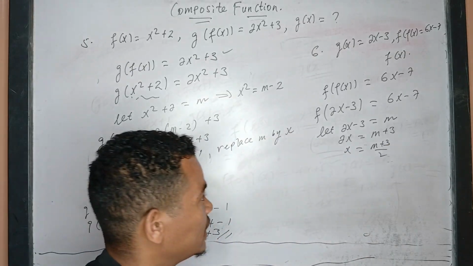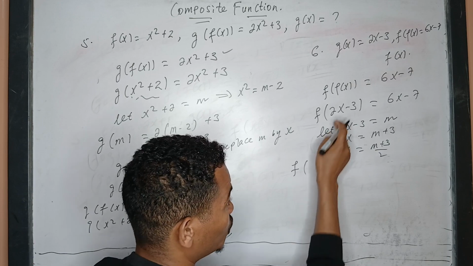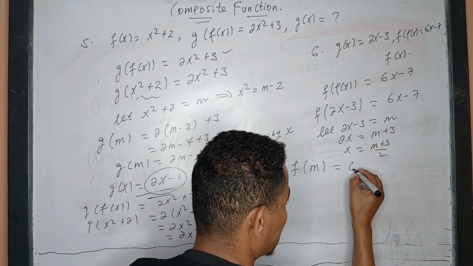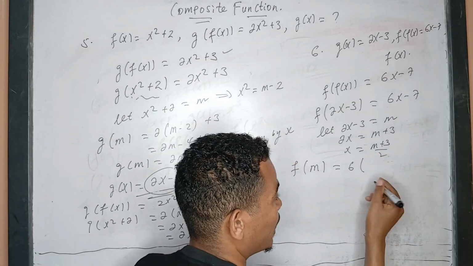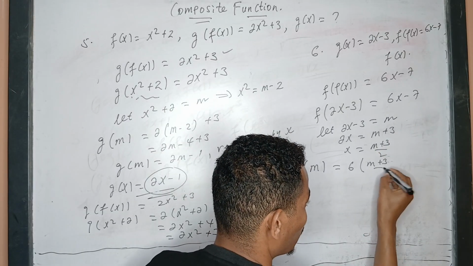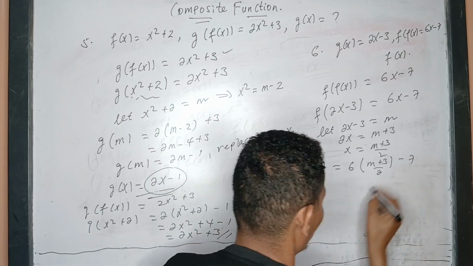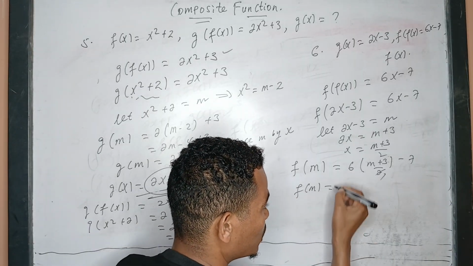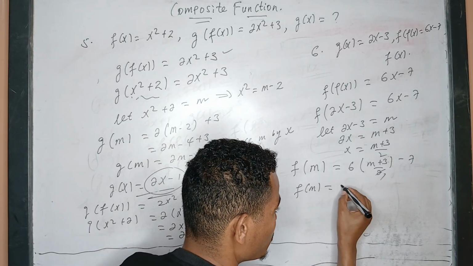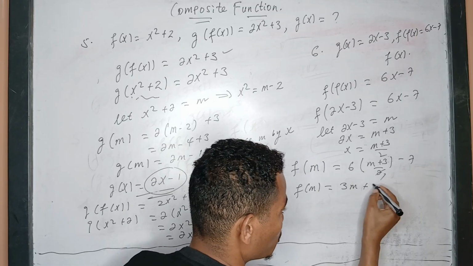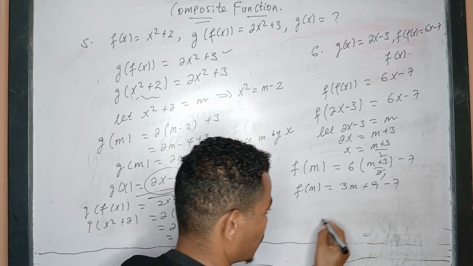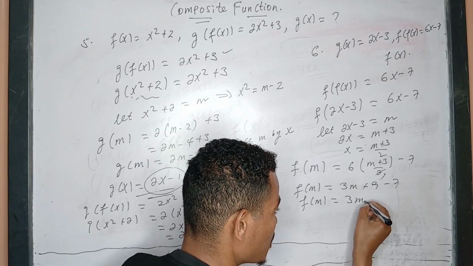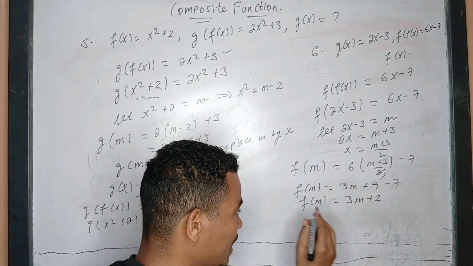So f of 2x minus 3, which is f of m, is equal to 6 times, in place of x, m plus 3 over 2, minus 7. f of m is equal to 3m plus 9 minus 7. Then f of m is equal to 3m plus 2.